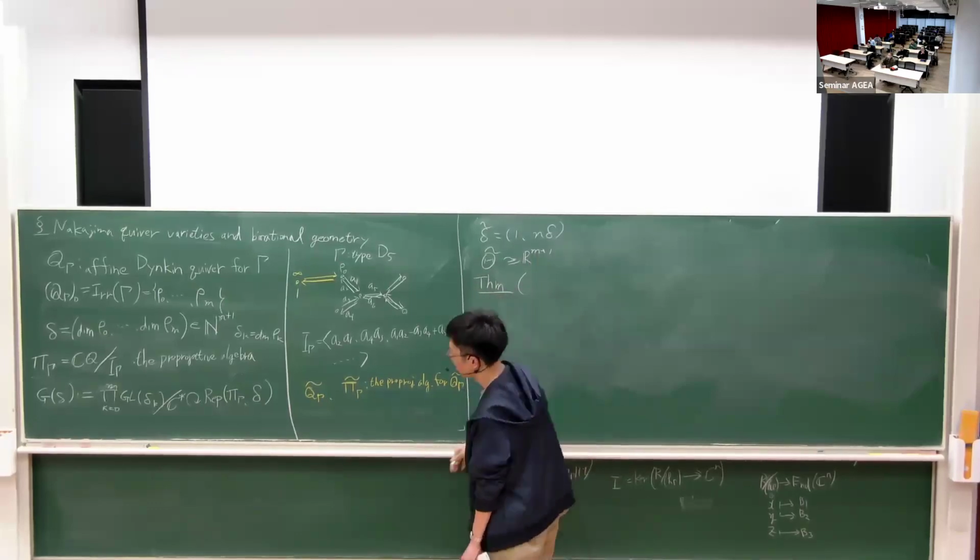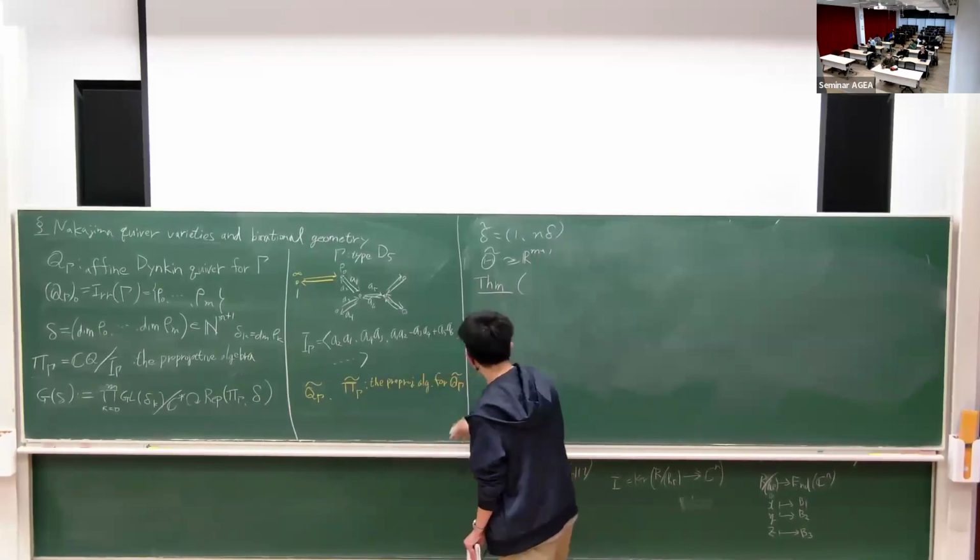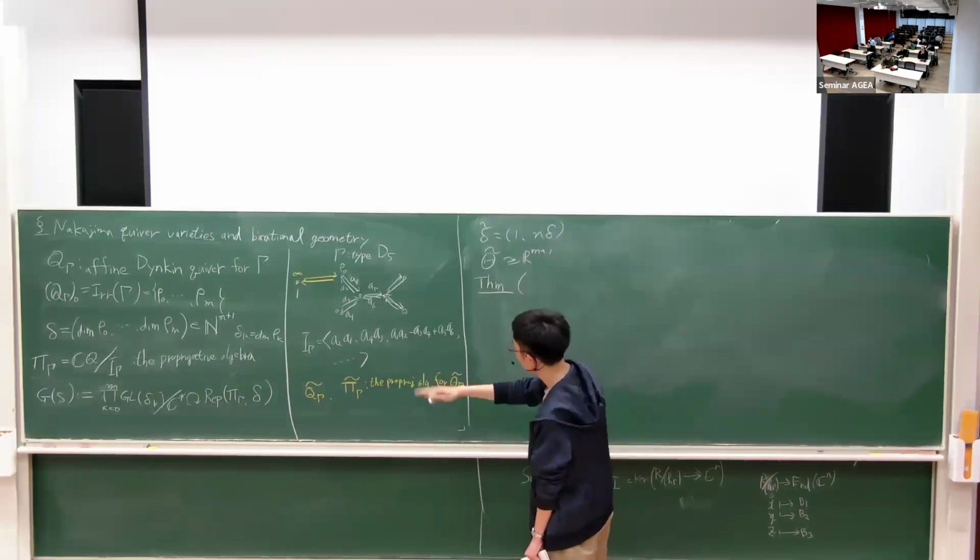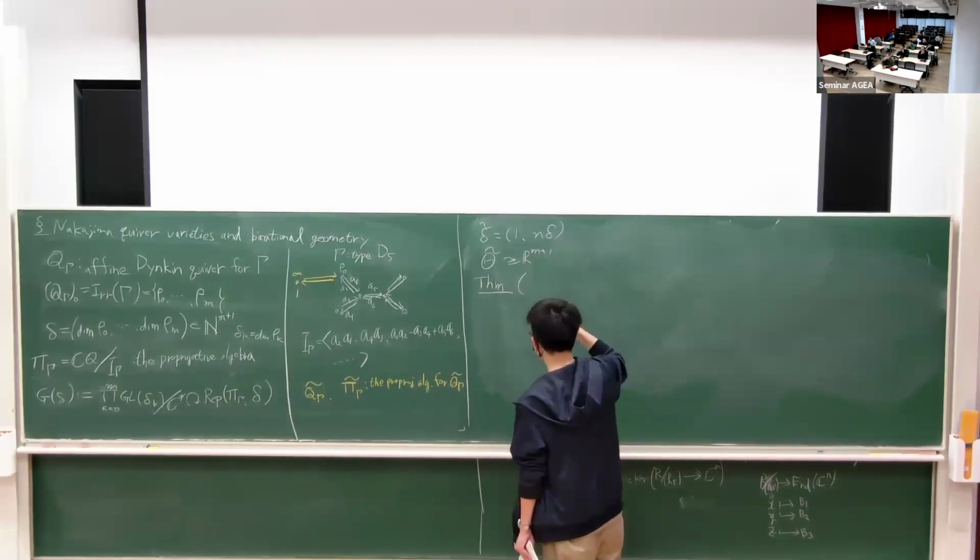In fact, all the varieties in the diagram can be realized as the moduli space as Nakajima quiver varieties.